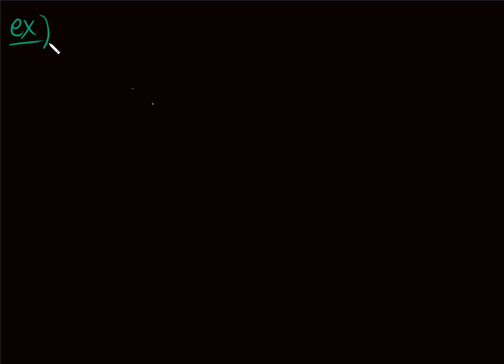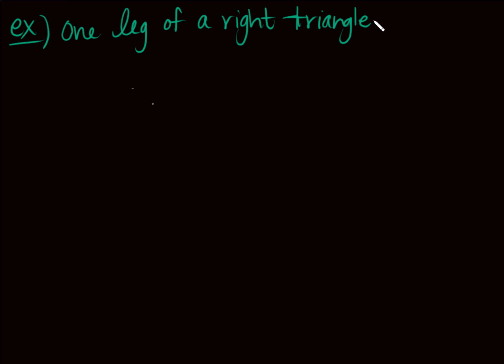How about this? One leg of a right triangle. So of course the application problems can be tricky, right? I get that. So we're going to take this step by step. One leg of a right triangle is 7 centimeters less than the length of the other leg.